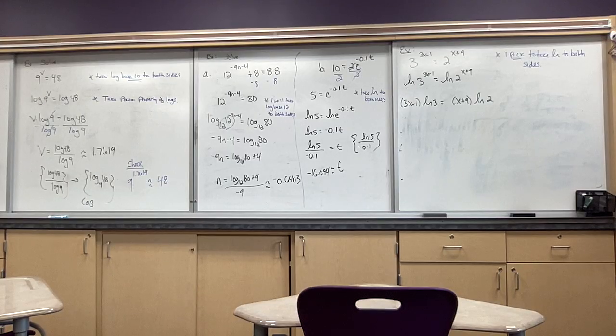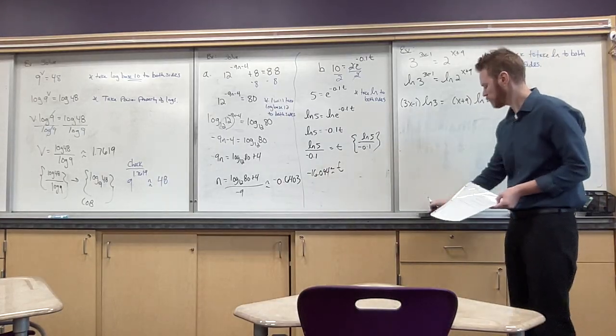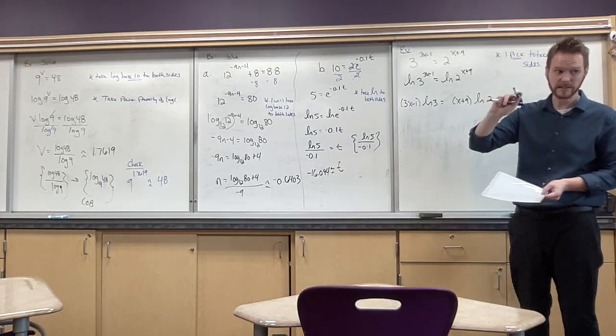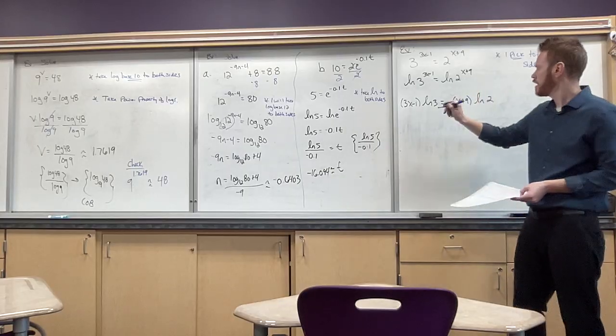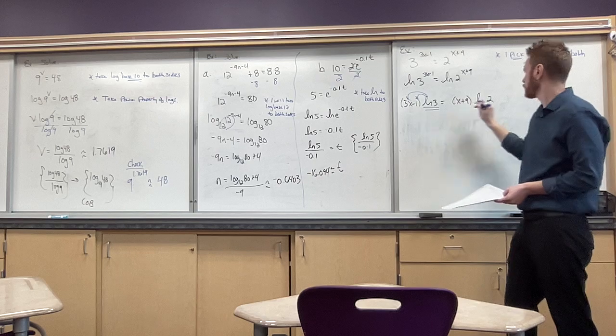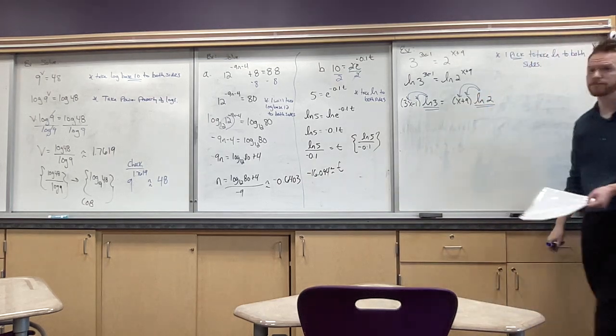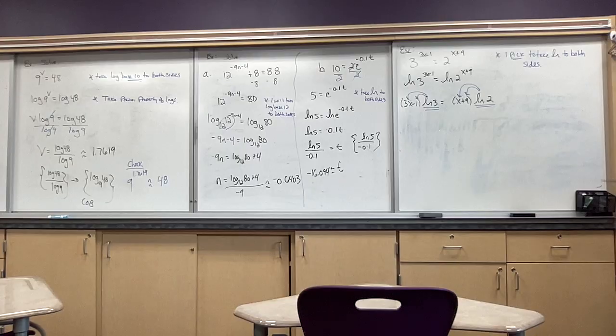Well, doesn't look like it got any easier, huh? So what do we do next? Because it doesn't quite follow what we've found out over there, right? Well, here's what we can do. It's going to look a little messy at first, but it will clean up nicely. I'm going to take this natural log of 3 and distribute it to both these terms. Take the natural log of 2 and distribute it to both of these terms. Okay? That's what I'm going to do.